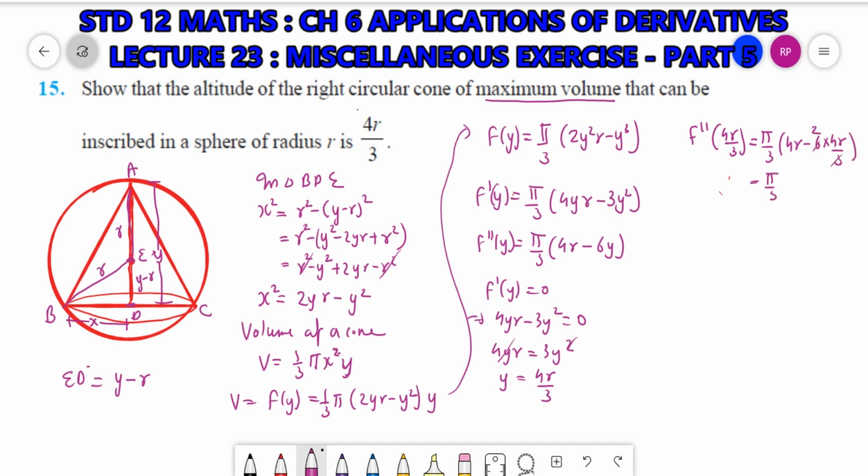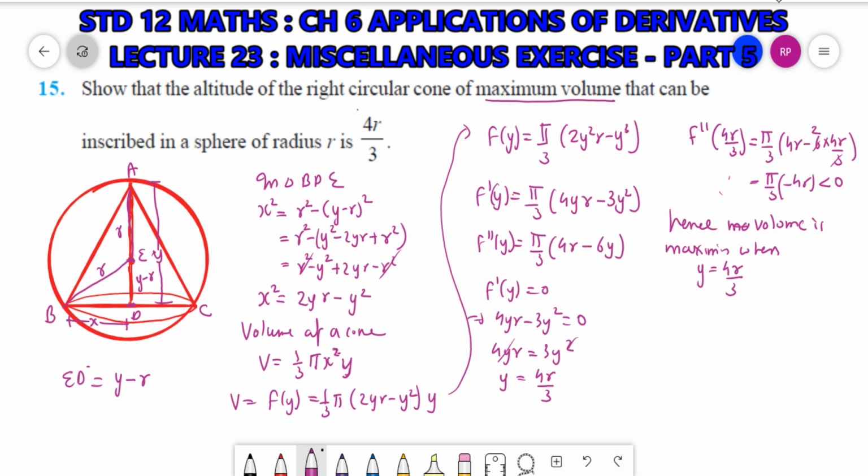So pi by 3 into 4r minus 8r, which is negative, less than 0. Hence the volume is maximum when y is equal to 4r by 3.